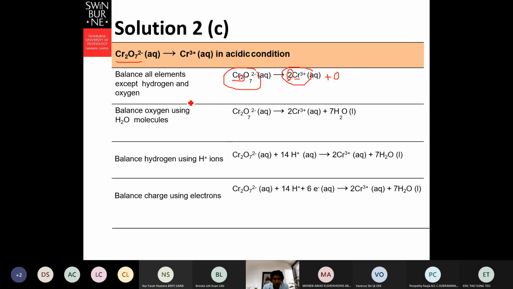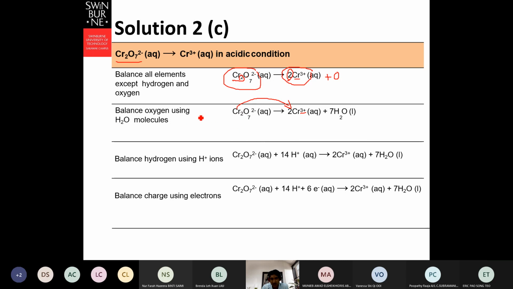Remember that first of all, we should balance out the number of atoms. Second thing, oxygen or hydrogen. Third is the charge. So we will not bother about the charge right now. We will balance it later. So chromium, we see that 2 chromium are already here. Just write it because we do not consider the charge at this stage.